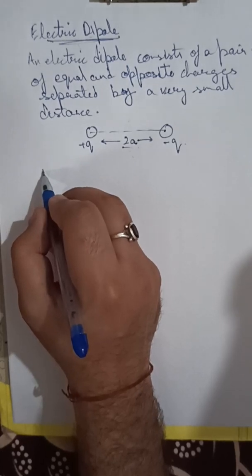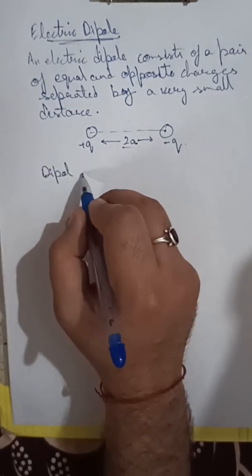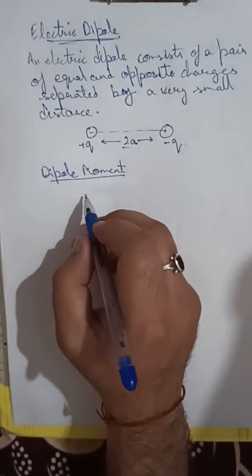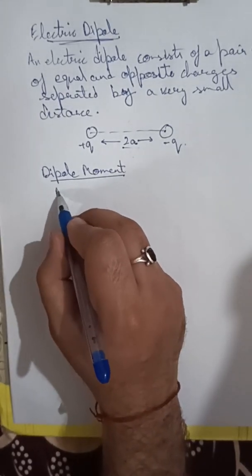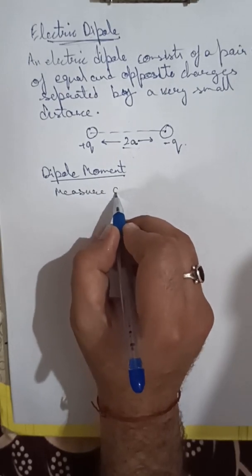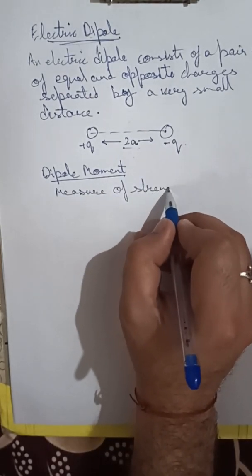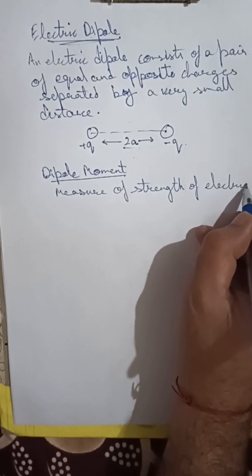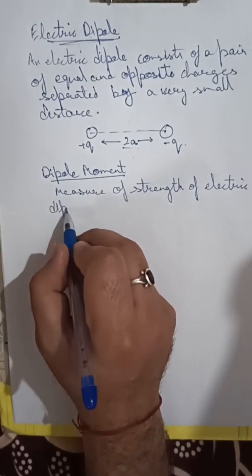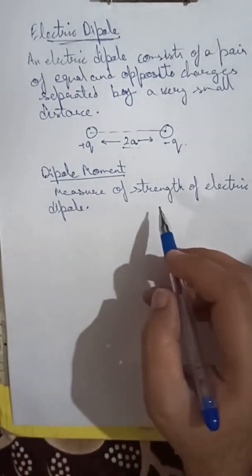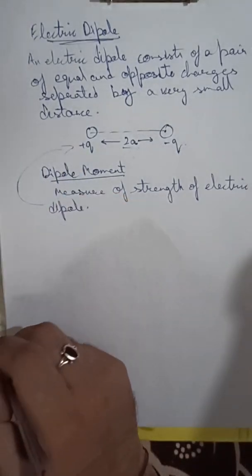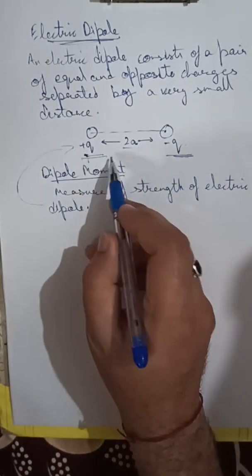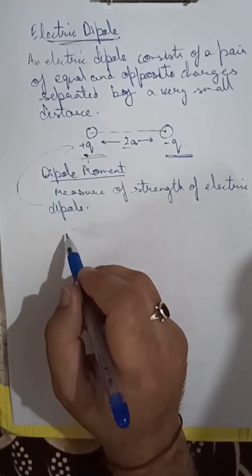So now dipole moment. It is just the measure of strength of electric dipole. So considering the same, we have these equal and opposite charges.